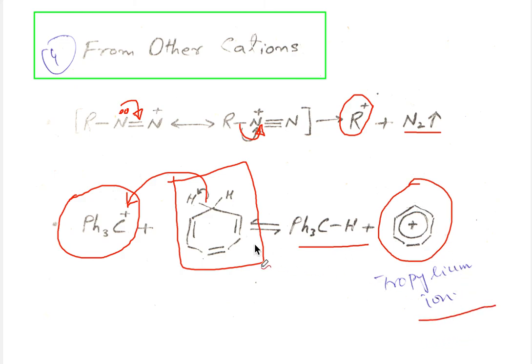Due to the generation of aromatic character in this molecule, the forward reaction is much more favored than the backward. So from one carbocation, we can also produce another carbocation with enhanced stability.